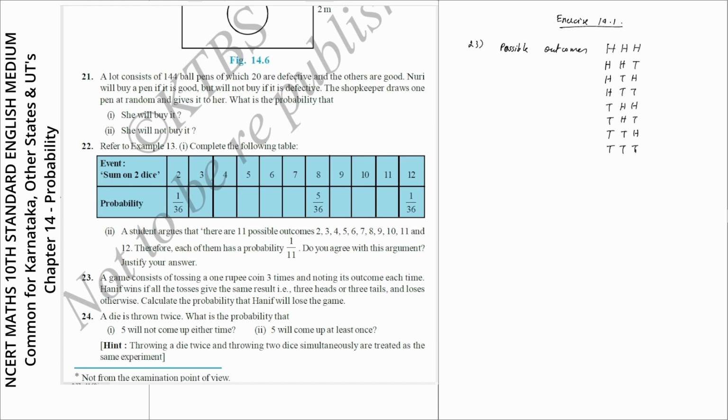So these are the 8 possibilities. Totally there are 8.